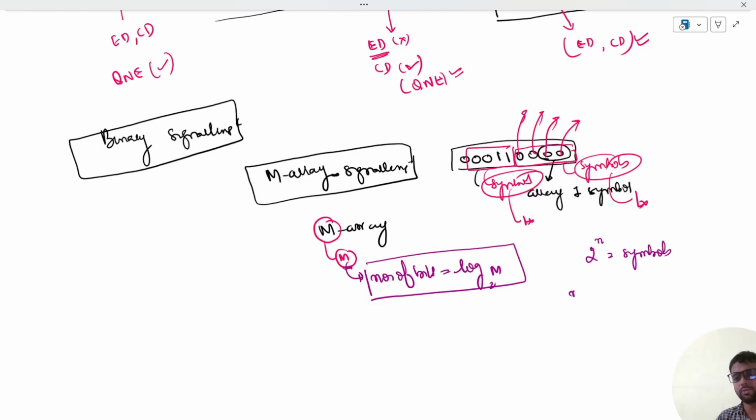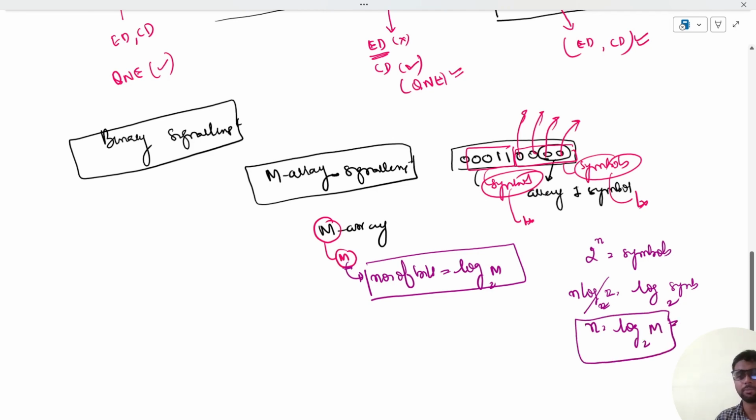If we take log both sides, we get n log base 2 of 2 is equal to log base 2 of M, and log base 2 of 2 is 1. So n is nothing but log base 2 M. So if M-ary signaling is used, the number of bits will be log base 2 M.